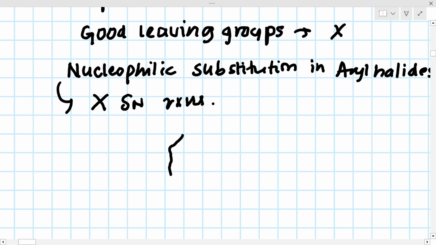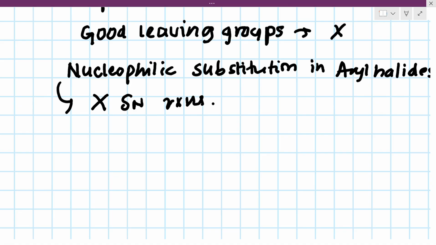Let's take an aryl halide as an example first. We will see how an aryl halide looks. We all know this, since we have studied the preparation of how aryl halides are formed. This is an aryl halide. The halogen directly attached gives it a partial double bond character.